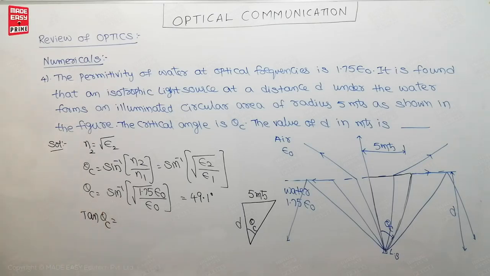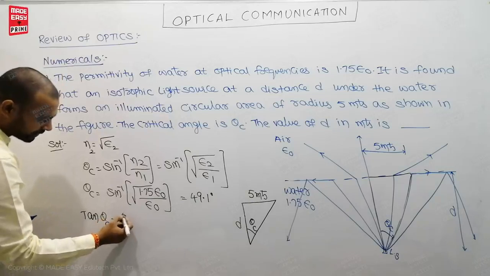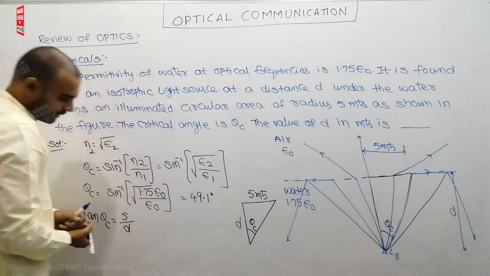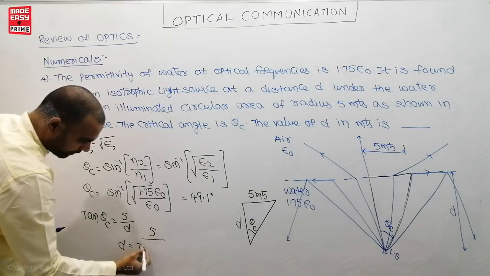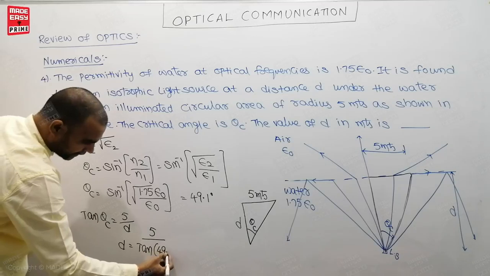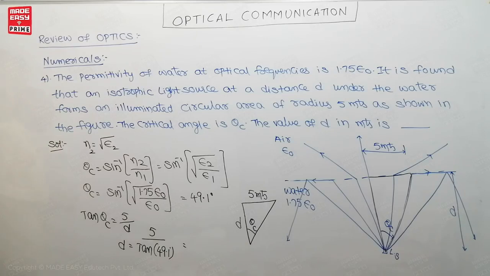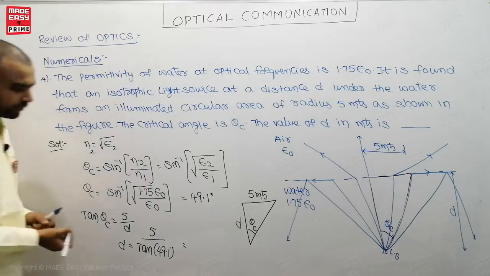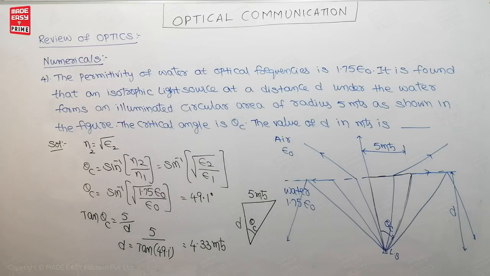Tan theta c is equal to opposite by adjacent, which is 5 by d. Then the distance d is equal to 5 divided by tan of theta c, that is, 49.1 degrees. Using your calculators, you find the distance d is equal to 4.33 meters. Okay, please copy that part.